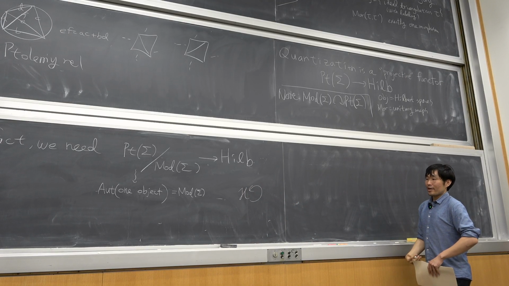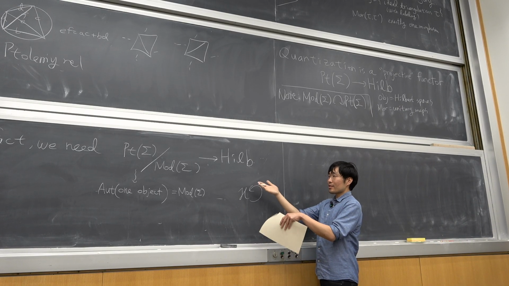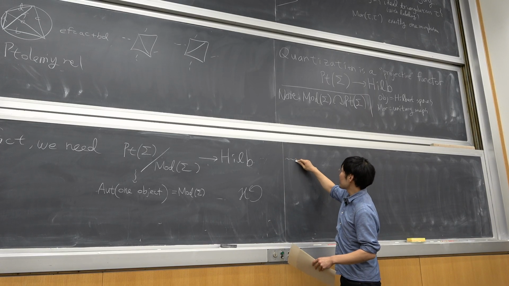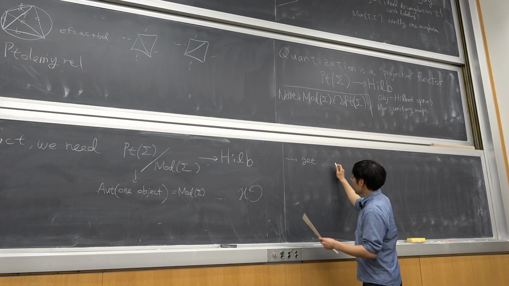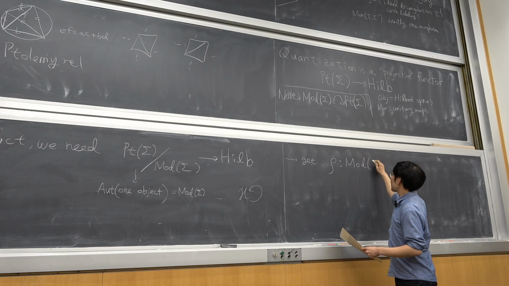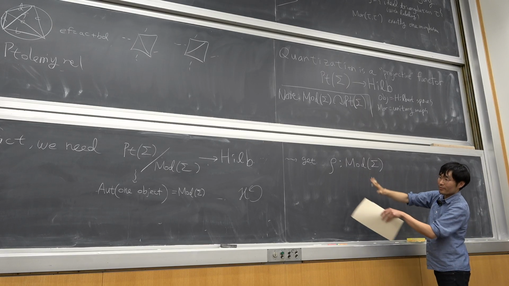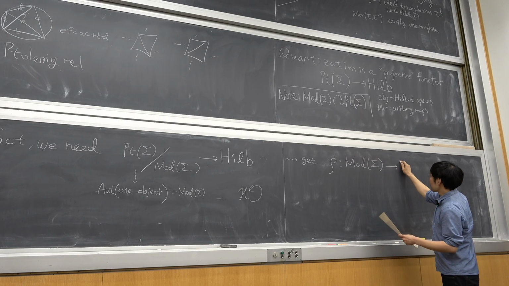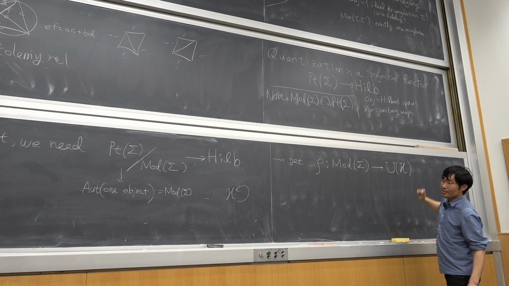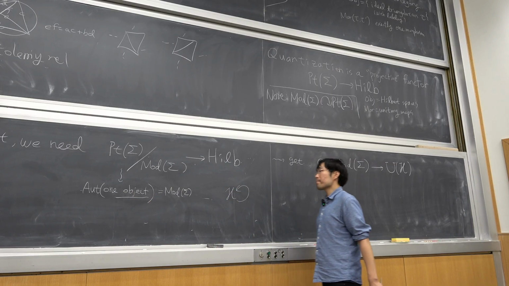That gives you a projective representation of this group. So I'm extracting part of this data. Out of this, you get, let me call it rho, from the mapping class group, so before it was a groupoid, but part of it is the group, going to, let's say, U of H, where H is the Hilbert space associated to that chosen object.